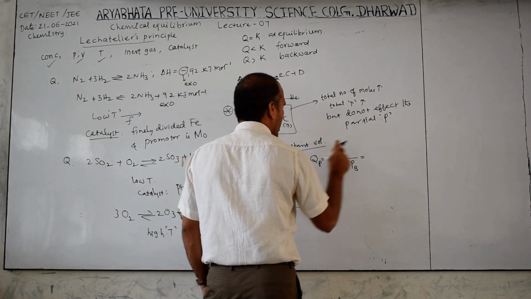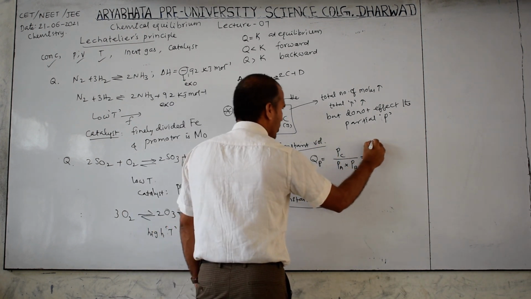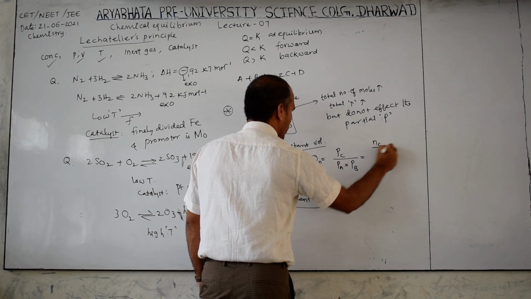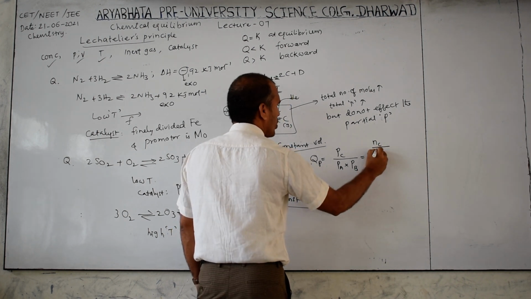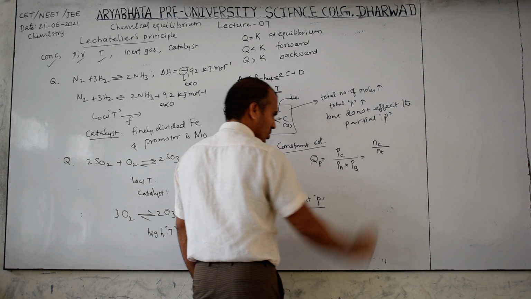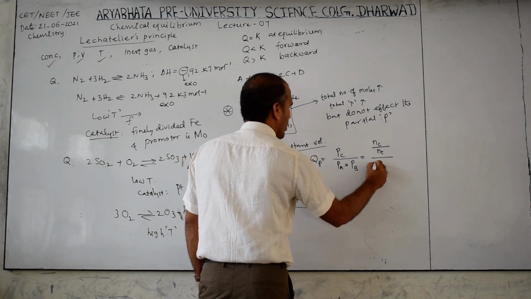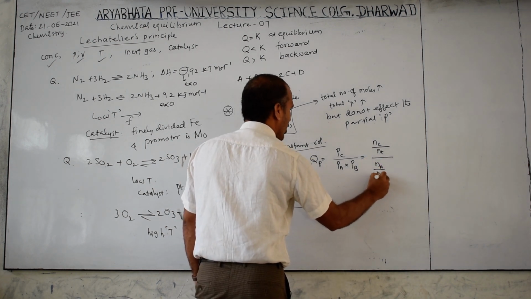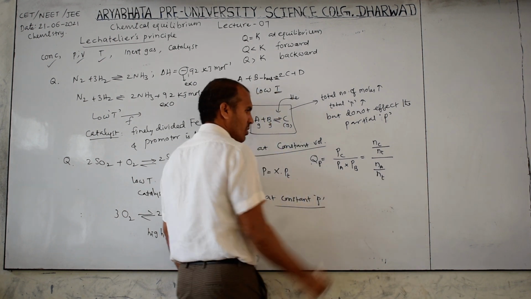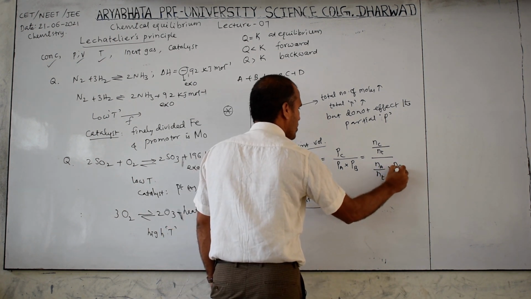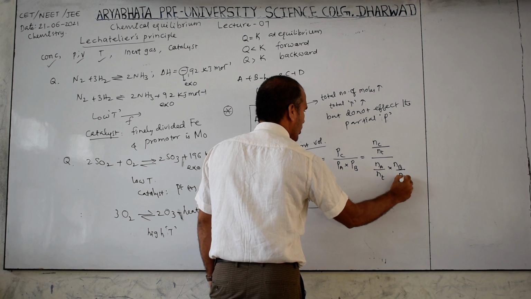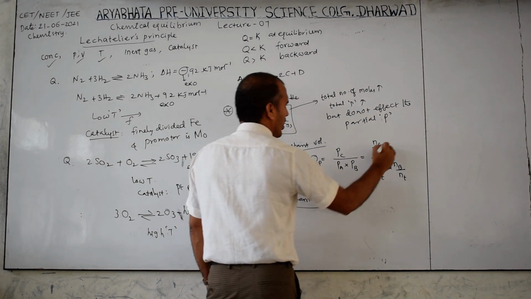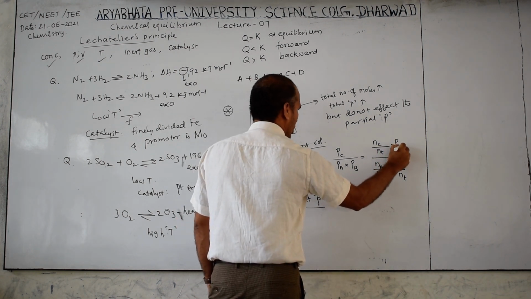Therefore, partial pressure of C is number of moles of C by total number of moles N total, by number of moles of A by N total into number of moles of B by N total, into P equilibrium.